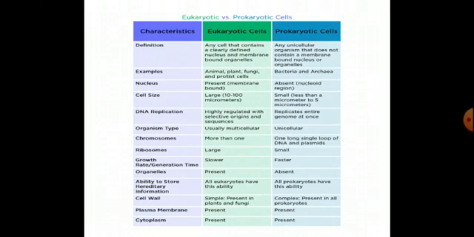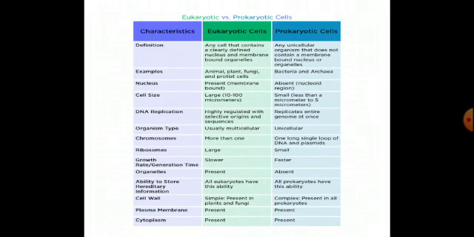Ribosomes are large in eukaryotes and small in prokaryotes. Generation time is slower in eukaryotes and faster in prokaryotes. Organelles present: most of the organelles with a double membrane are present in eukaryotes. In prokaryotic cells, almost all the organelles are absent.